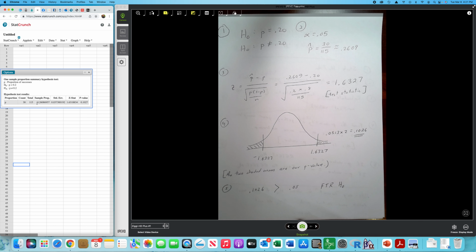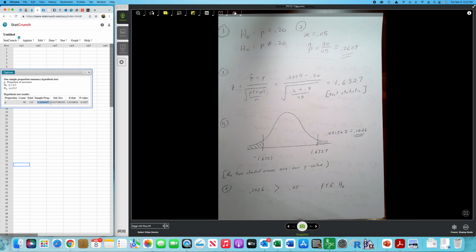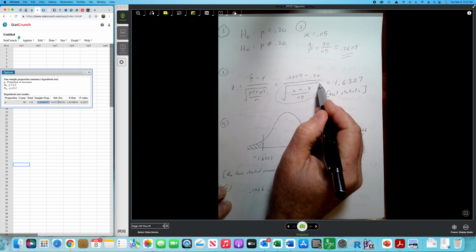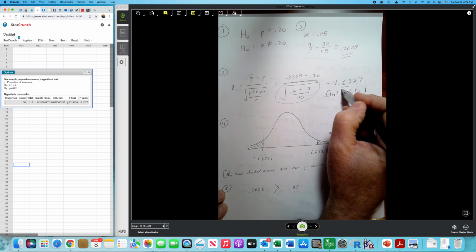What do I get? Well, I get my sample proportion, my 30 out of 115, which is my sample proportion 0.26. That's the value I got right here. Come on over to the standard error. If I worked out this part, that's the standard error. The Z statistic is 1.632. Look familiar?